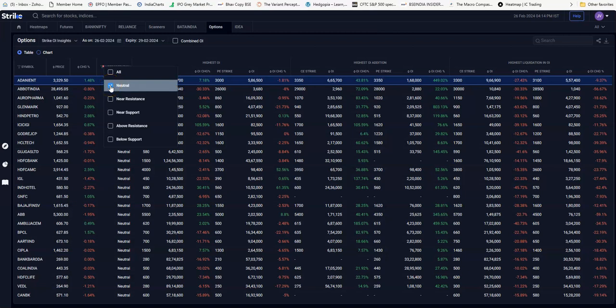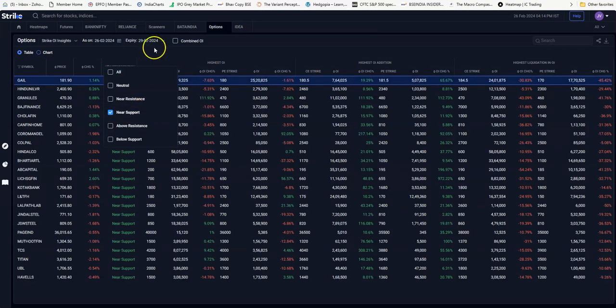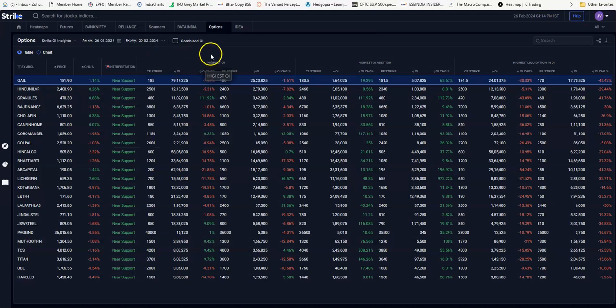The way to use this screen is, for example, if the market is rising higher and the broader trend is bullish, you would want to find the stocks which are near support level, and on top of that you can also sort based on the OI change.